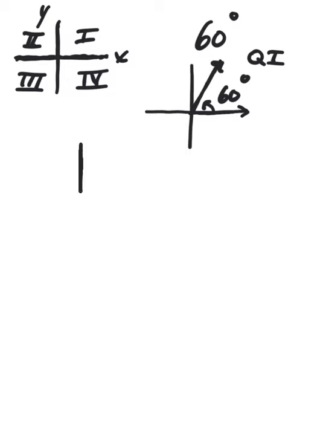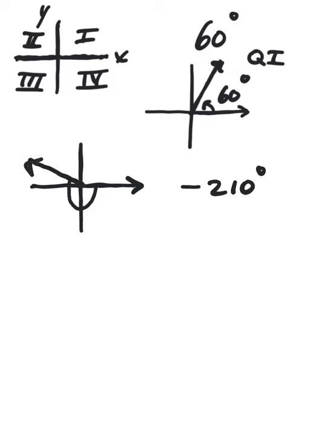Negative angles open clockwise. So let's take a negative 210. Every quadrant contains 90 degrees, so we've got 90, 180, and just kind of eyeball about 30 more and mark off your terminal side.